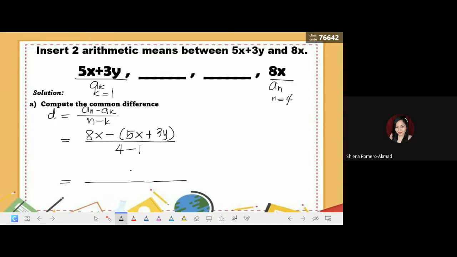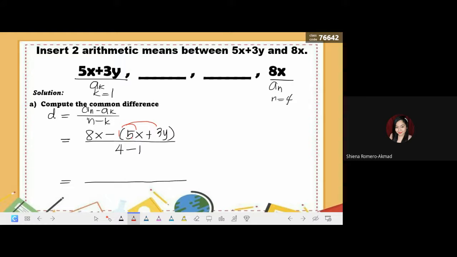Ano yung susunod natin gagawin? As you can see, dito, meron tayo dito minus k. Meron yung 1 dyan. You can consider that as negative 1. That means you have to distribute negative 1 to both of the terms.